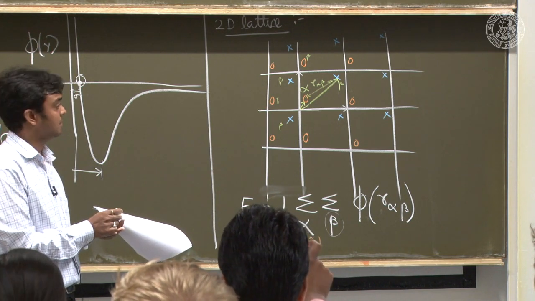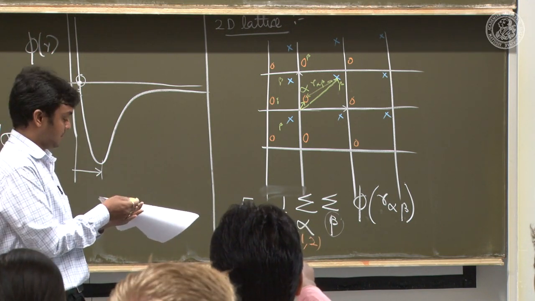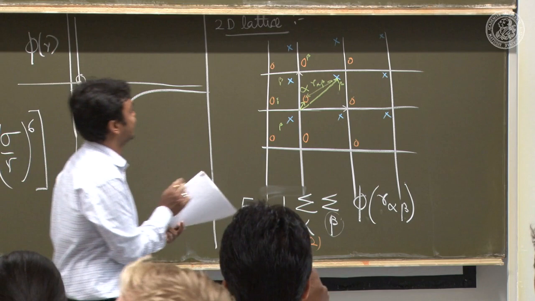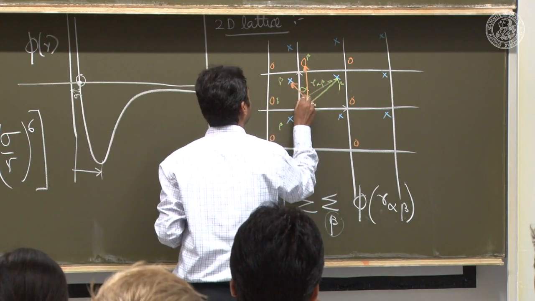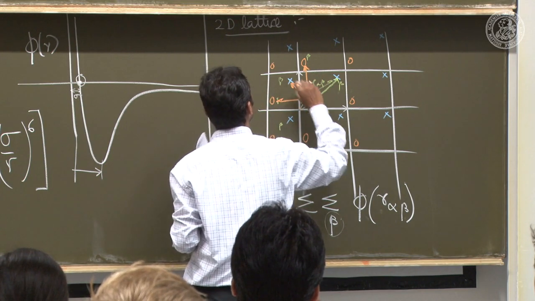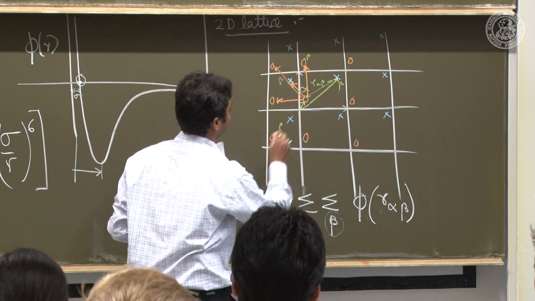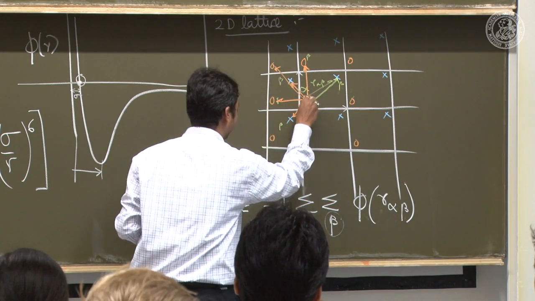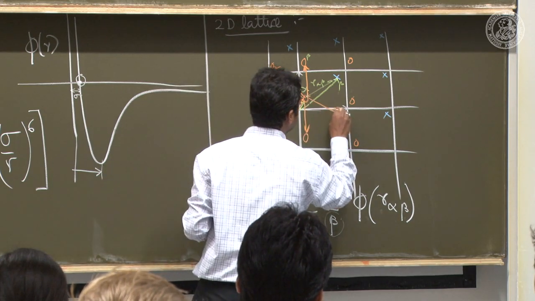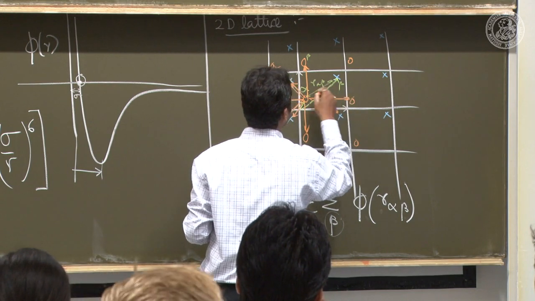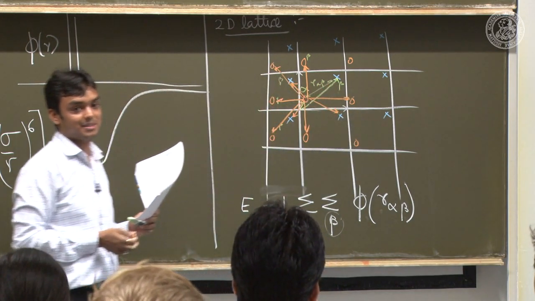Draw all the bonds for the first basis atom with red arrows.